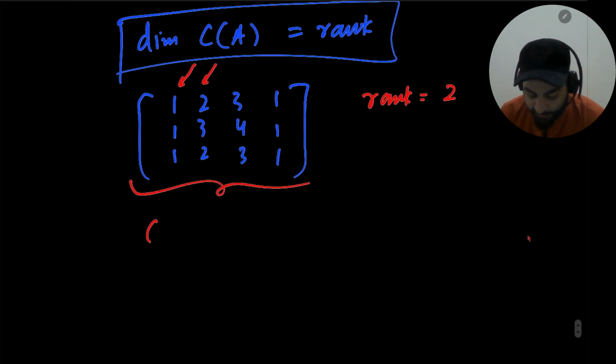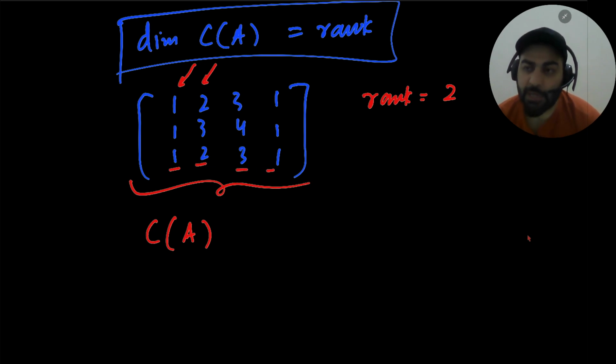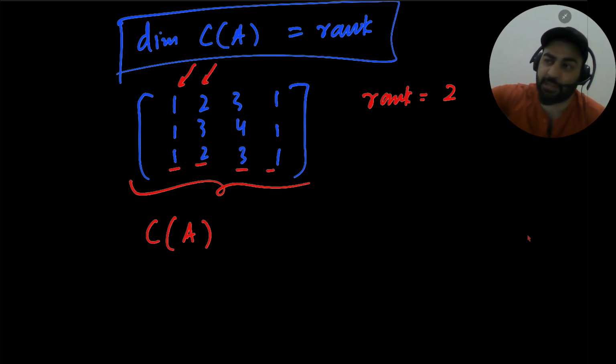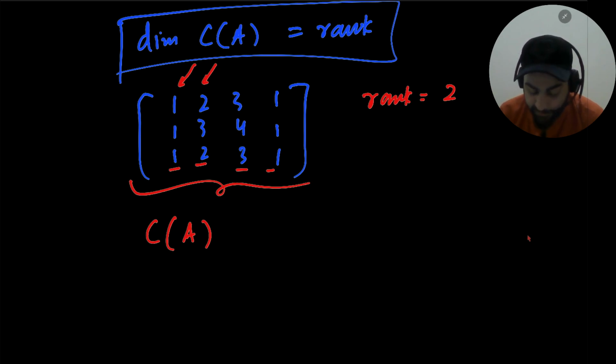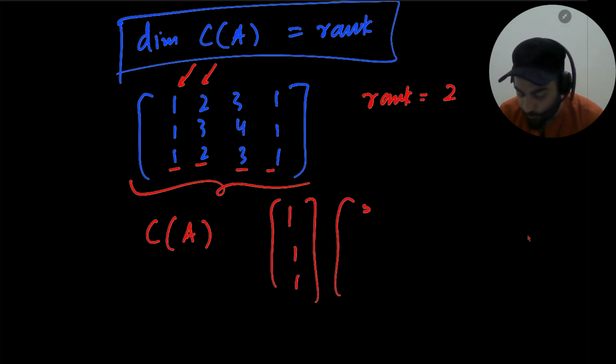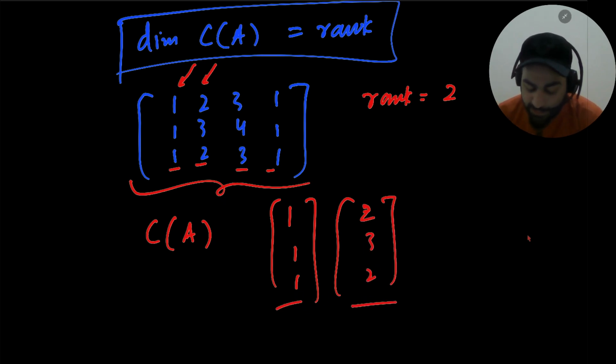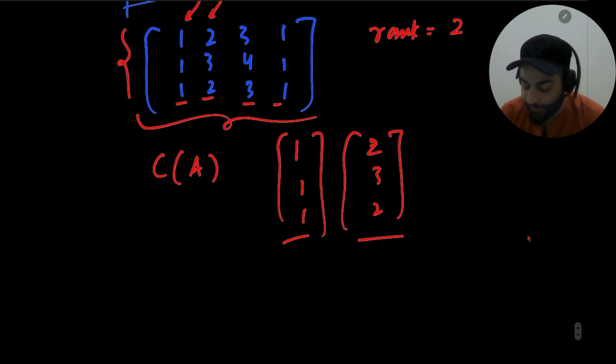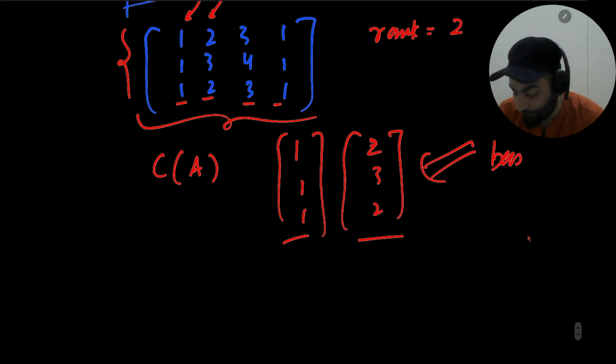The column space is any linear combination of these columns, and all these vectors will be the column space of A. But I know that by using only this 1 1 1 vector and this 2 3 2 vector, I can reach every vector that is reached by this whole matrix. So I can say these two vectors are bases of the column space of A.